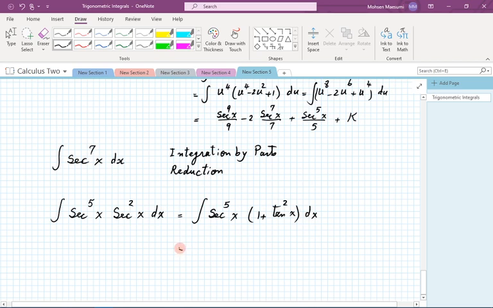Now what? Well, when you multiply this thing, one of them is just secant to power of 5 of x dx, and then the other one is secant to power of 5 of x tan square of x dx.